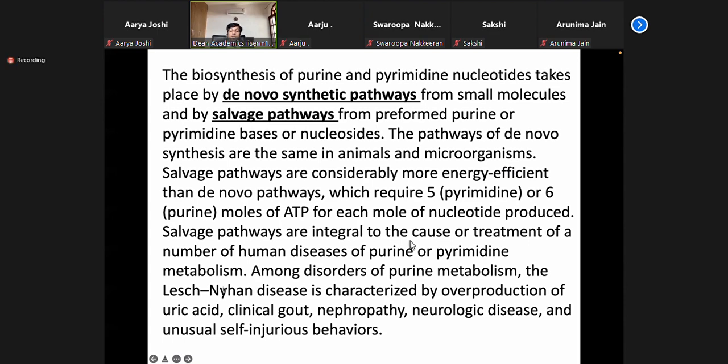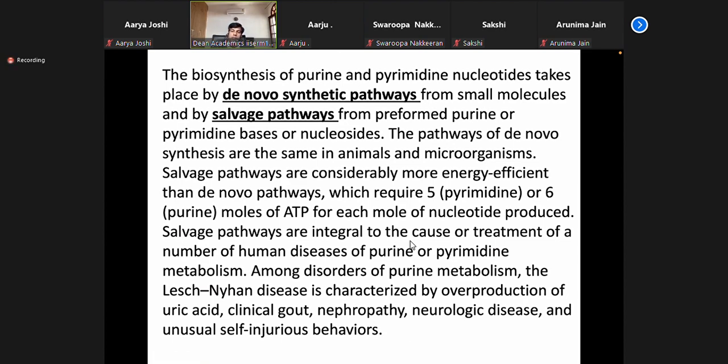Now, there are many diseases known to be associated with deficiency in nucleotide metabolism. For example, if you have a purine metabolism problem in your cells, you start developing these diseases. Deposition of uric acid, clinical gout. Gout is basically deposition of uric acid in your joints.